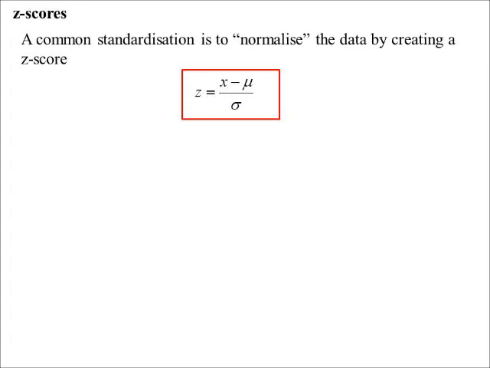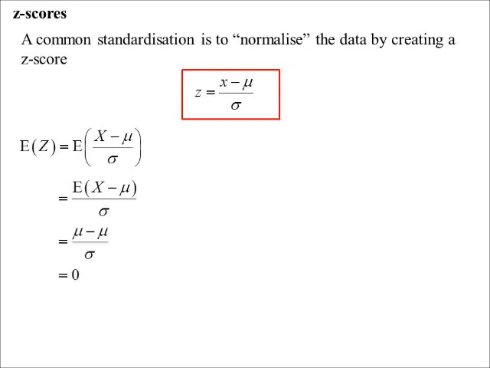Well, again, let's see what happens. So the expected value of z here would be the expected value of x minus mu on sigma. Sigma is the constant, so I can pull it out. Expected value of x minus mu on sigma, which will be mu minus mu on sigma, 0. It sets the average at 0. So that's why we do that bit.